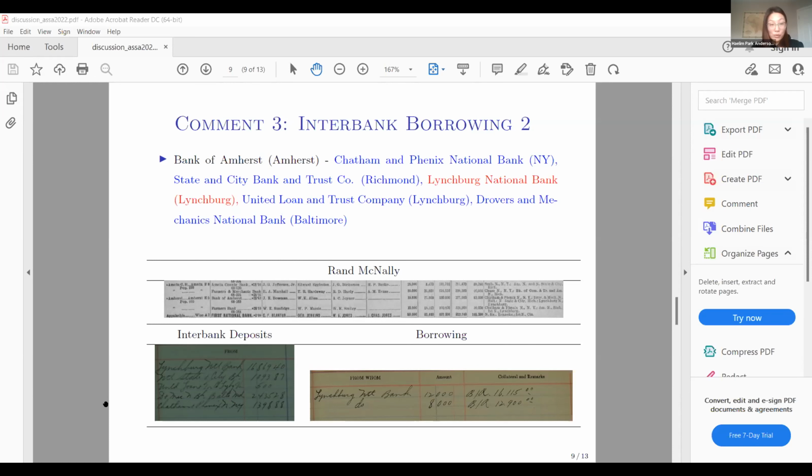But these are all deposits, and this bank only actually borrowed from one bank, Lynchburg National Bank, and it was the counterparty that actually lent this bank short-term funds. So it's not the same. Rand McNally didn't report the borrowing relationship; it's the payment relationship.